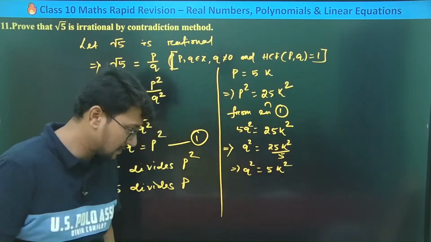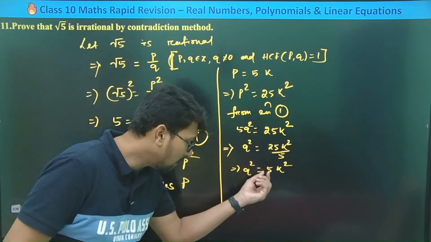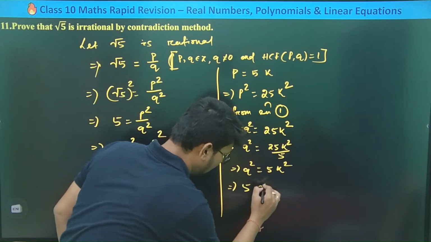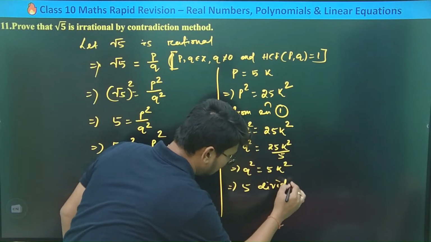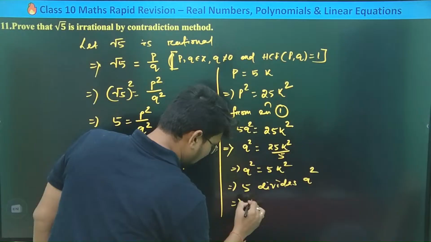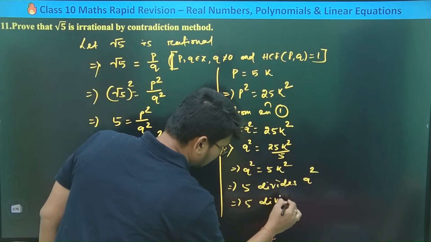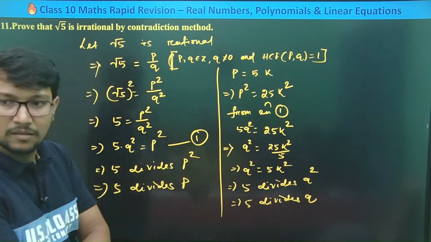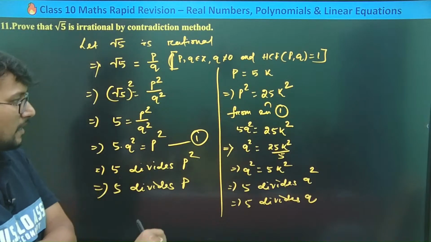It means 5 divides q square, hence 5 divides q.